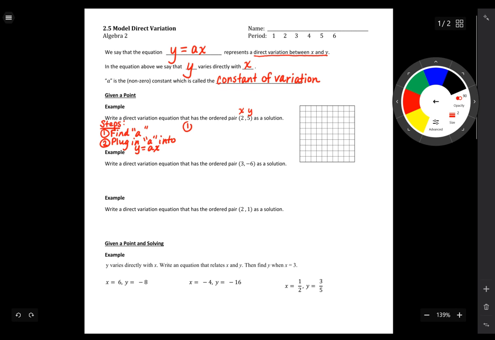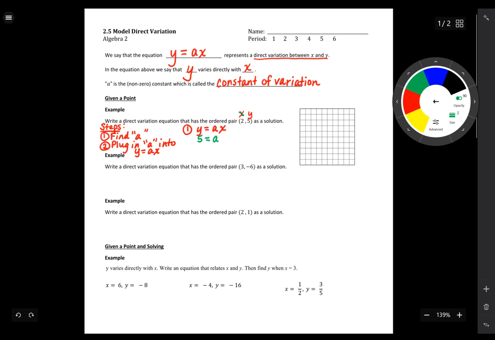So step 1, let's start with my direct variation equation, y equals ax, and I will replace y with 5. I will not replace a with anything because we're trying to find it, and x is going to be 2, because this is x, and this is y. So it's a times 2.